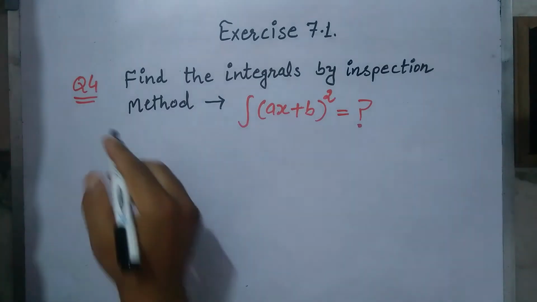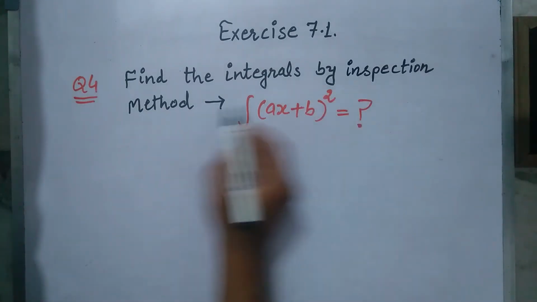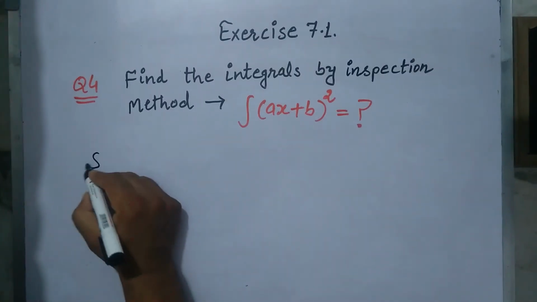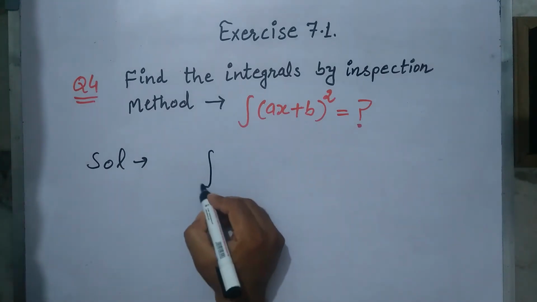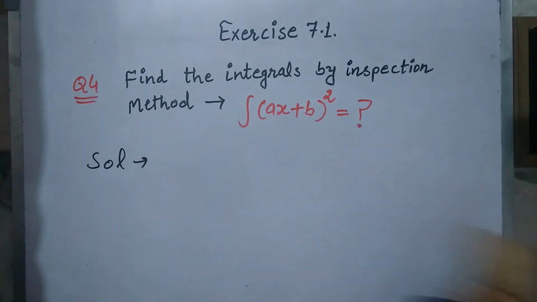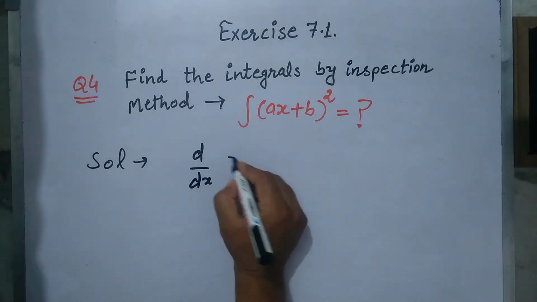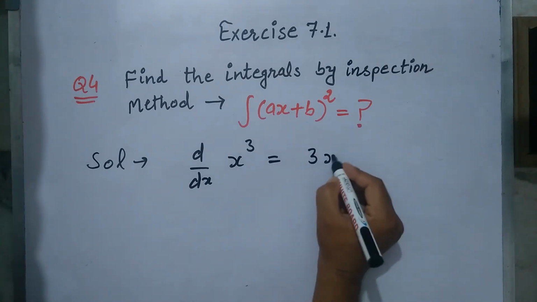Our next question is question number 4. Find the integrals by inspection method ax plus b whole square. So first of all, we know that derivative of x raised to power 3 is equal to 3x square.